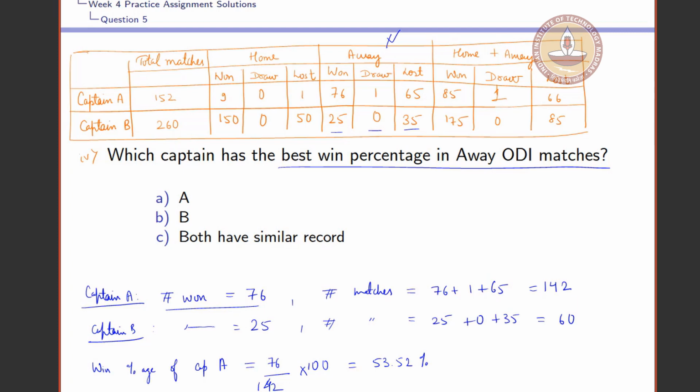Now calculate the winning percentage of Captain B in away ODI matches. The number of matches won by Captain B is 25, and the number of matches played is 60, into 100. So this will be equal to 41.66%. As we can see, Captain A has the best winning percentage in away ODI matches. So our correct option will be A.